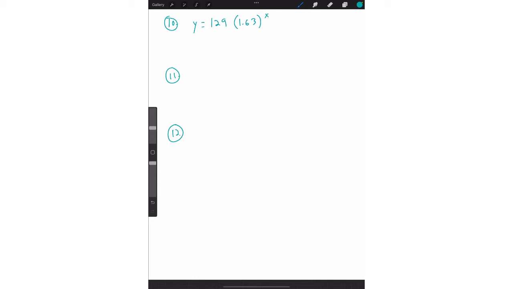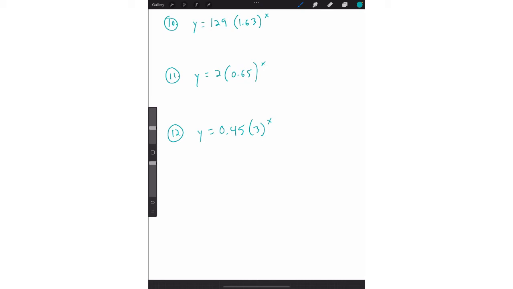Number 11 is y equals 2 times 0.65 to the power of x, and number 12 is y equals 0.45 times 3 to the power of x. The directions say, without graphing, determine whether the function represents exponential growth or exponential decay.